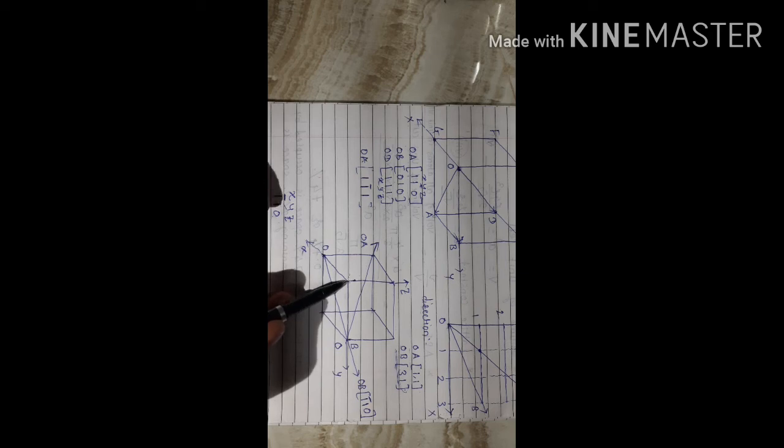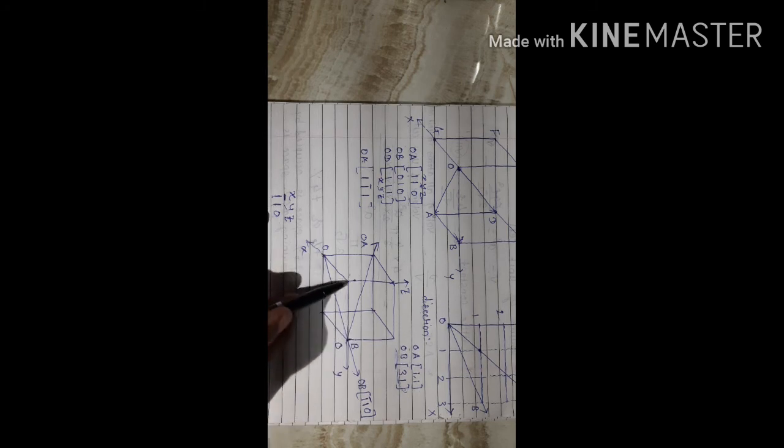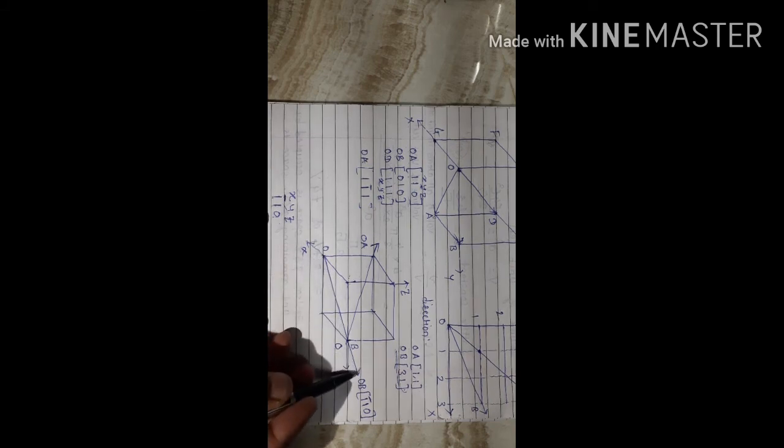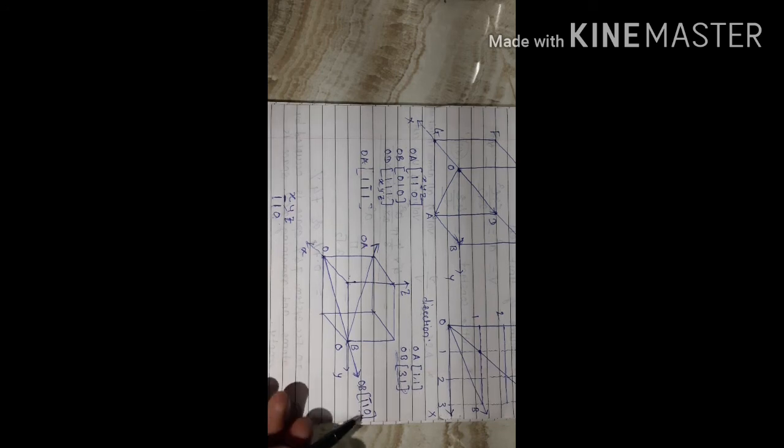Then along the y-axis there is also 1. And along the z-axis it is 0, there is no unit. So here is 1 bar on the negative x-axis and positive 1 on y, and your direction goes in this way, and this is your OB. OB is the direction of 1 bar 1 0. This is very simple.